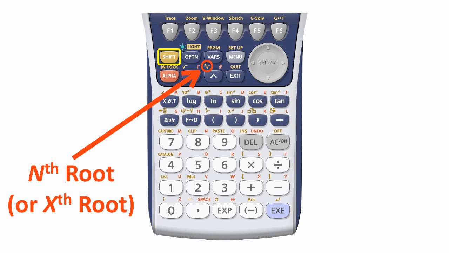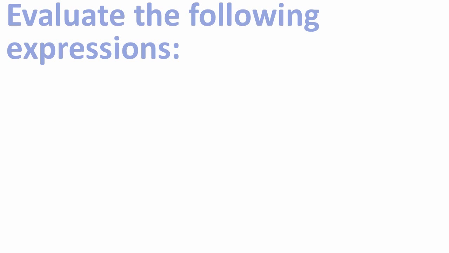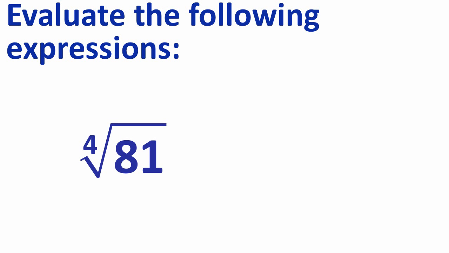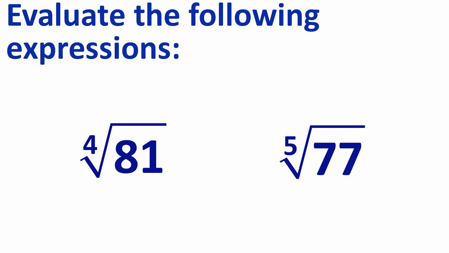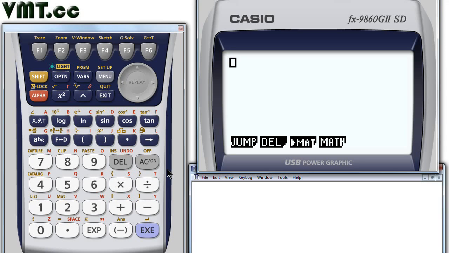Use this function to find the nth root, or xth root. To find the fourth root of 81, you first need to input the index of the radical, 4.